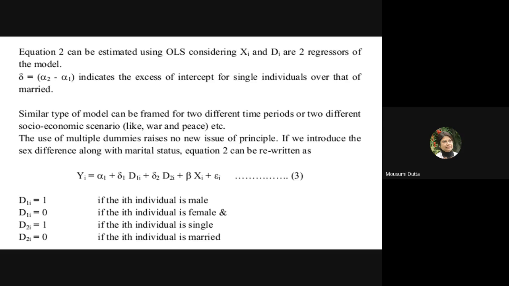Now, for a particular variable, both for D1i and D2i, conceptually two categories are possible: male, female, single, married. There may be an education variable for which there are, say, 4 layers.